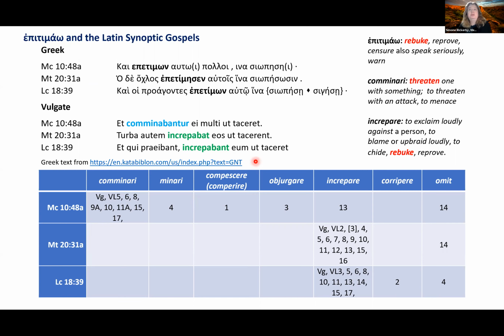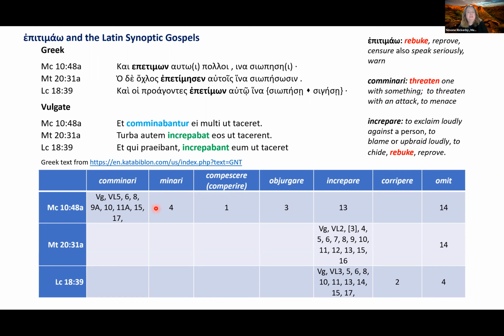Indeed, two manuscripts, often cited as key representatives of specific text types, VL1 or K, Codex Bobiensis, which is associated with the African or K text type, and VL3, A or Codex Vercellensis, a European text with a strong admixture of African readings, or Itala D text, as it might be referred to, do not use comminari, but resort to alternative Latin vocabulary at this point.